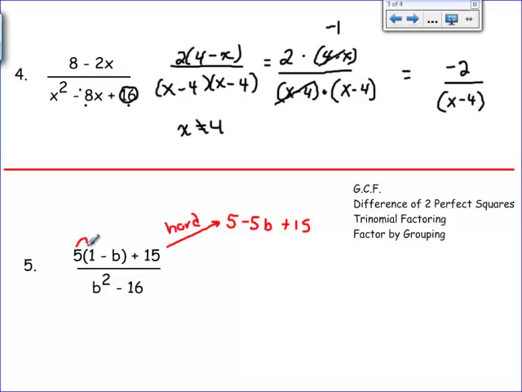We distributed. All right, so that's 5 plus 15 is 20 minus 5b. Okay, now I'm going to factor that 5, 4 minus b. Hard way. Easy way.